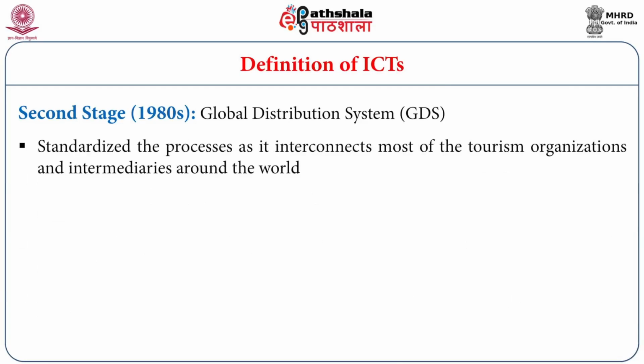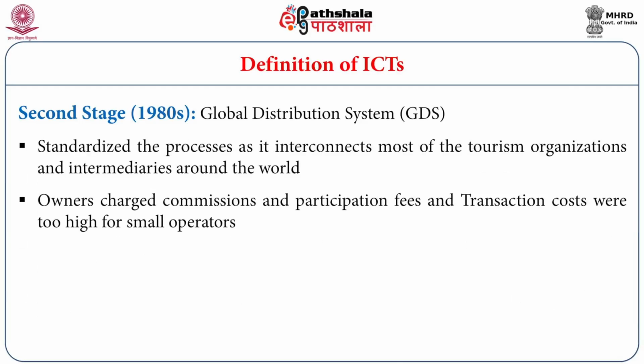It standardized the processes as it connects most of the tourism organizations and intermediaries around the world. Of course, owners charged commissions, participation fees and transaction costs, which were high for small tour operators.